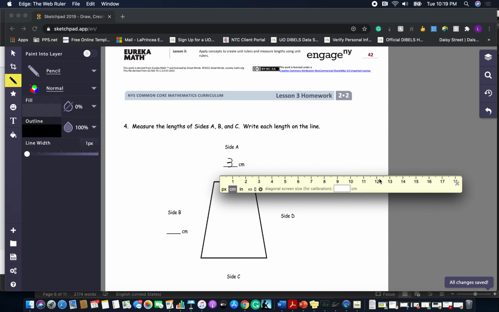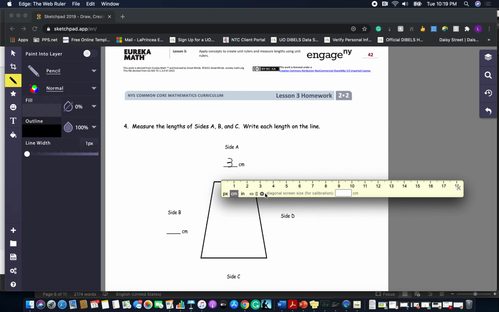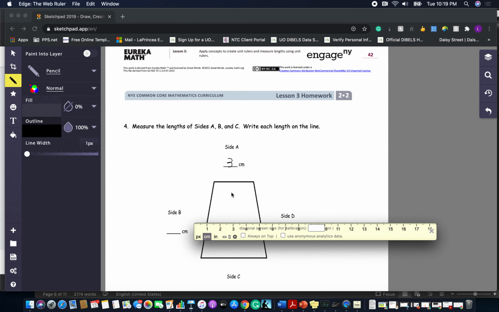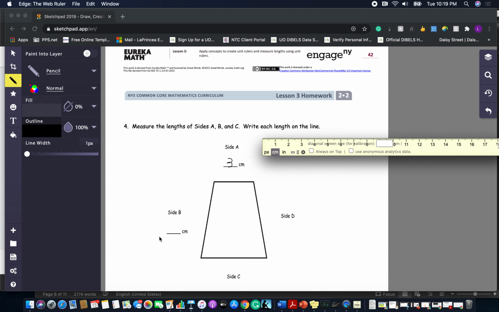I'll have to do my diagonal one. So what you'll have to do is use your ruler and turn it this way up and down and tell me the measurement of side B. Or side B and D of your shape on your problem set.